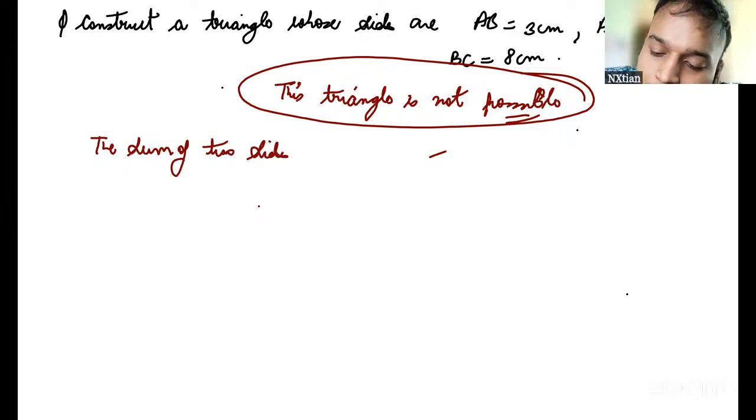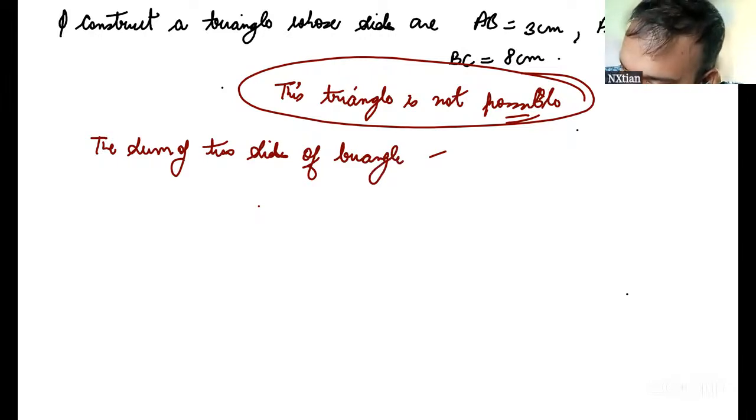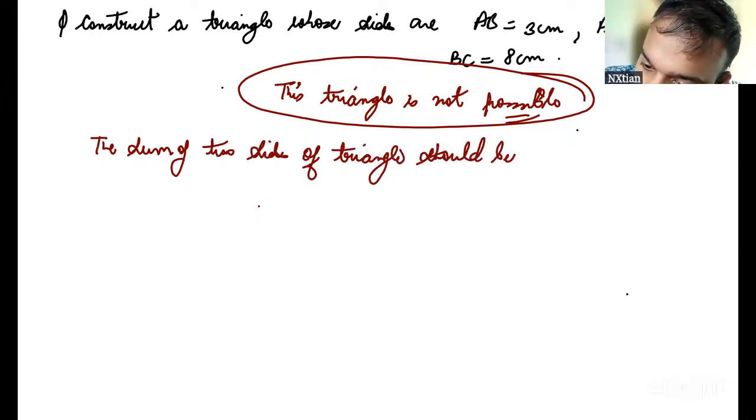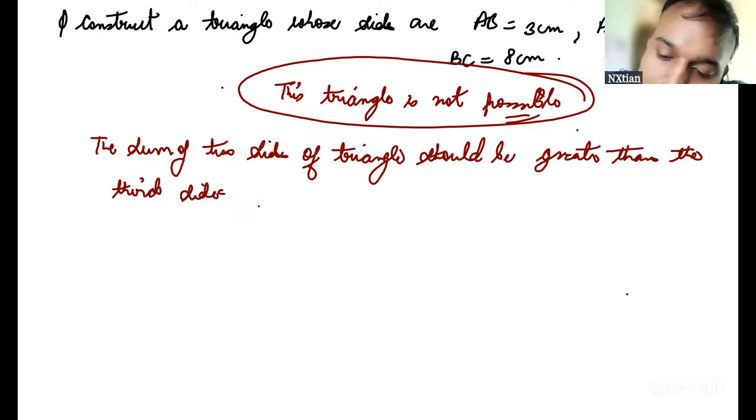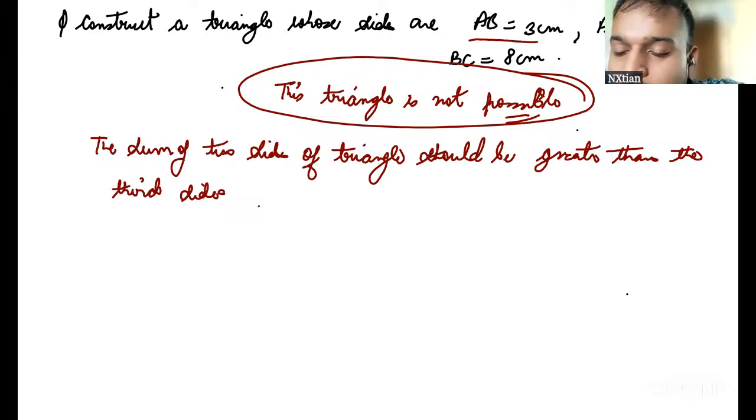sides of a triangle should be greater than the third side. It should be greater than the third side. So, for example, if you do AB plus AC, it is 7.